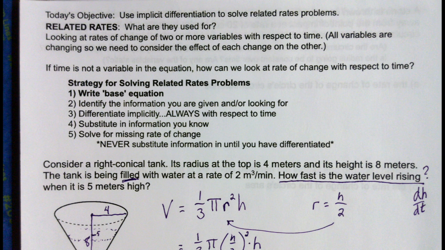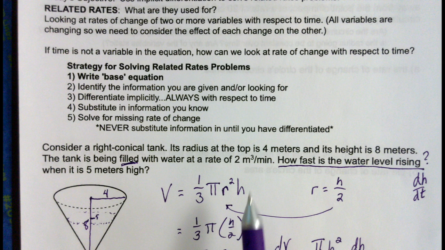Now, I did this a little bit later. I interchanged 2 and 3, okay? But at some point in time, you need to identify what you're given. In other words, the tank is being filled with water at a rate of 2 cubic meters per minute. That right there is dV/dt, the change in volume over the change in time.